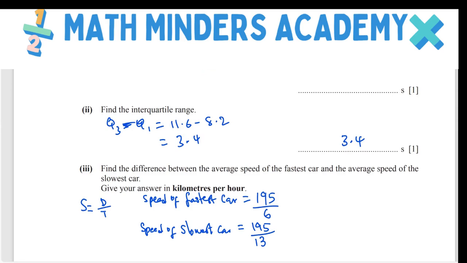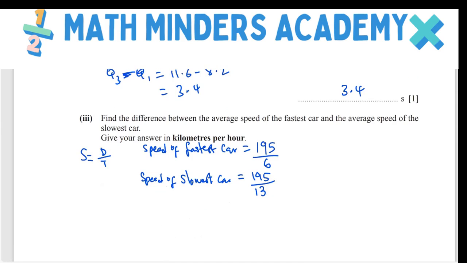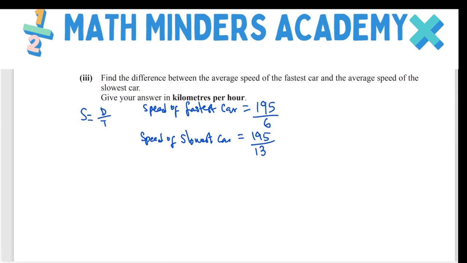Now you will see that the fraction with the smallest denominator will be the bigger fraction. So we are going to do 195 over 6 minus 195 all over 13.